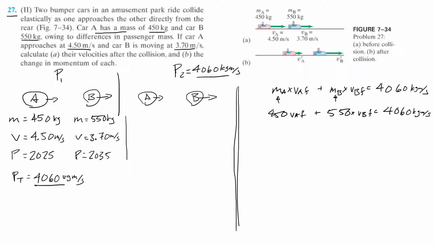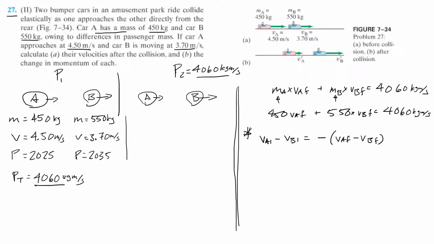Fine. We need some extra info here, so we need to talk about the relative speeds. Relative speeds basically goes like this. VA initial minus VB initial is equal to the negative of VA final minus VB final.